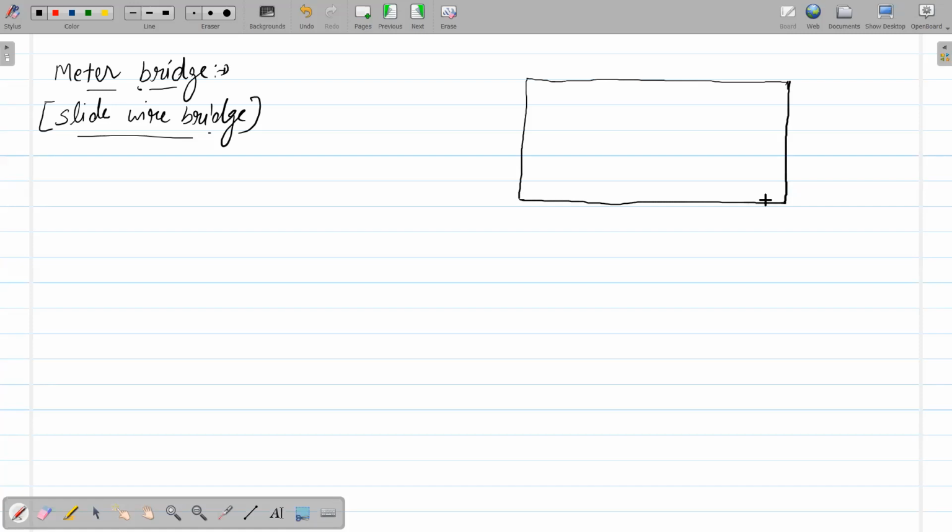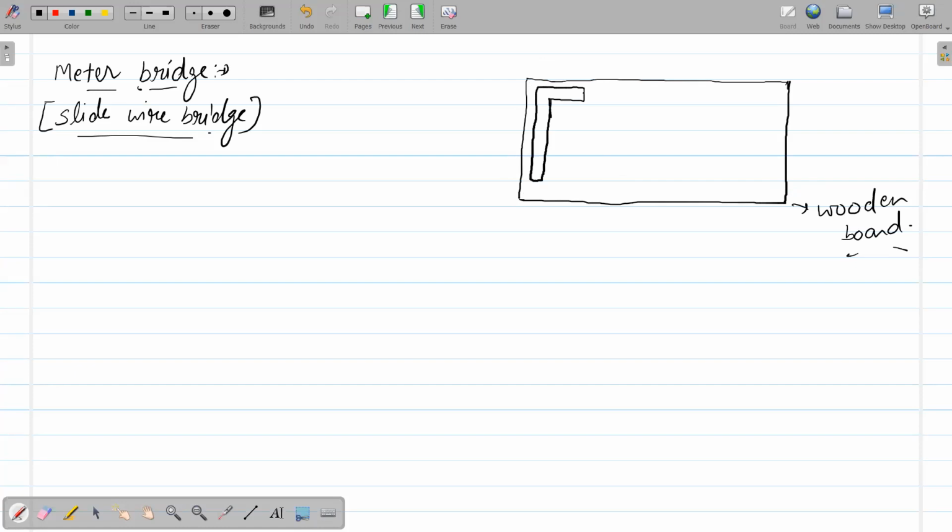If we see it in our lab, it appears like we have a rectangular wooden board, right? And we have some copper strips, and there are two copper strips which are inverted L shaped, like this.